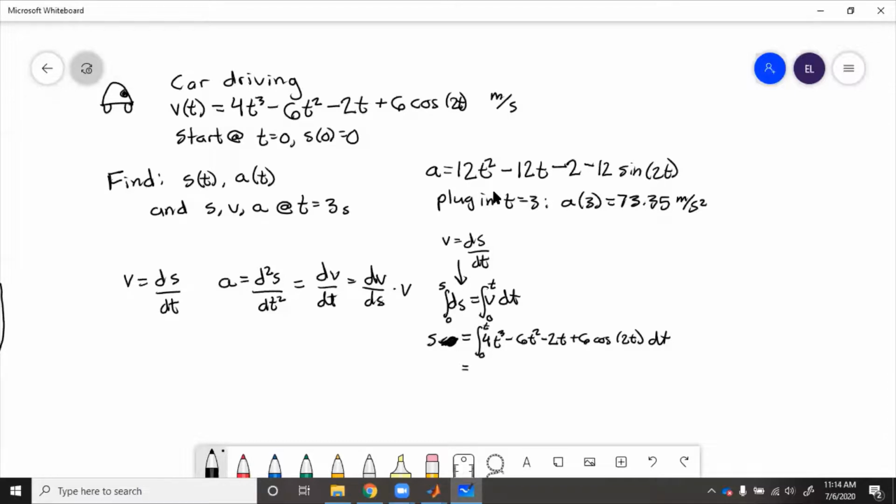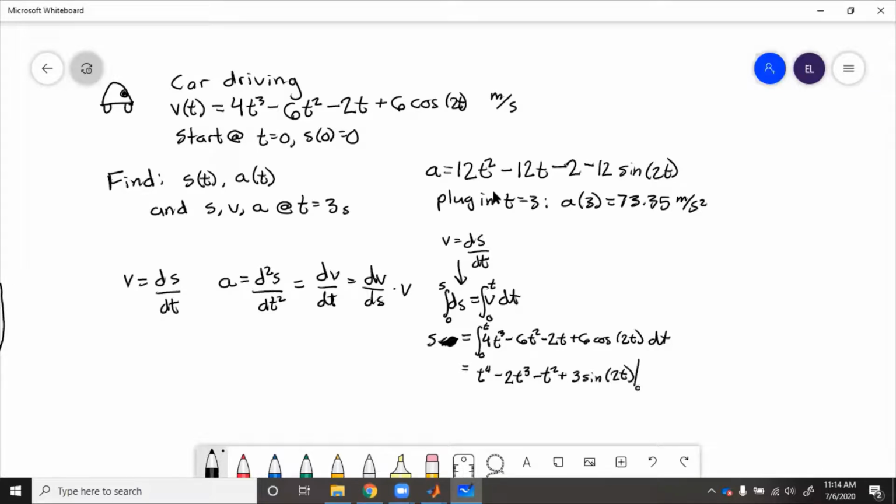That equals, so the integral of 4t cubed is just t to the 4, minus, this is going to be 2 times t cubed, minus t squared, plus 3 sine of 2t.